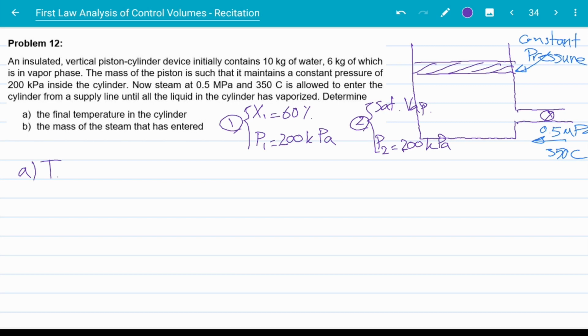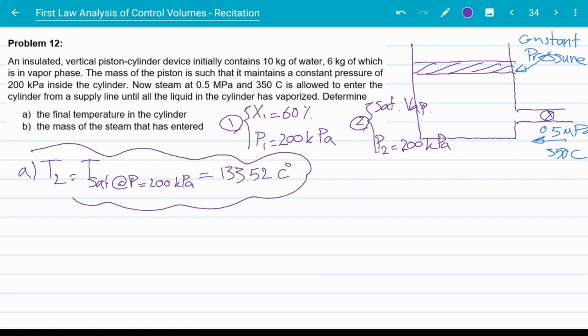So T2 is the saturation temperature at P equal 200 kilopascals. And if we read from the tables, we'll see that that is 133.52 degrees Celsius. So that's part A.